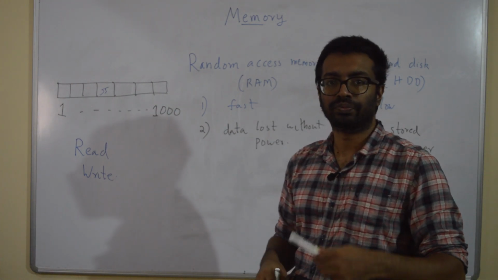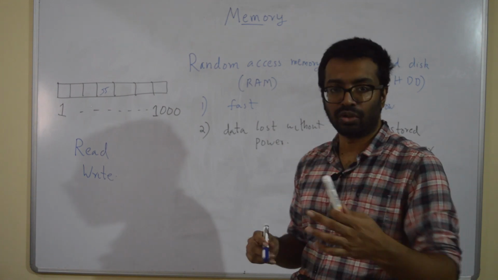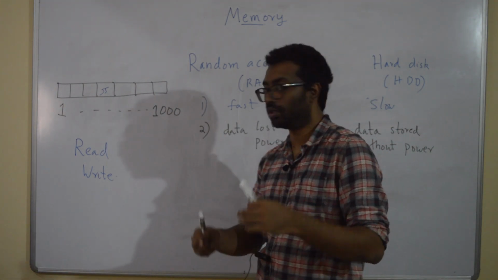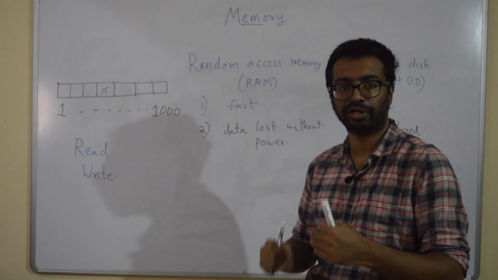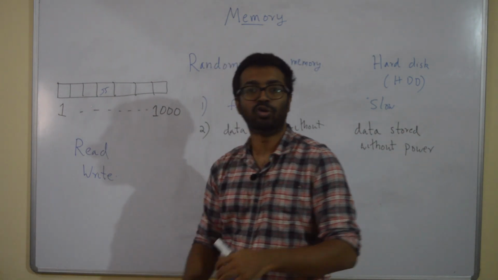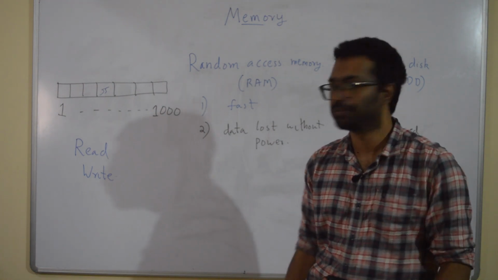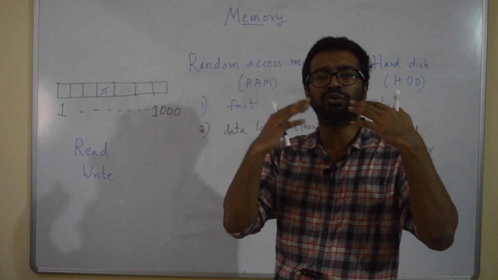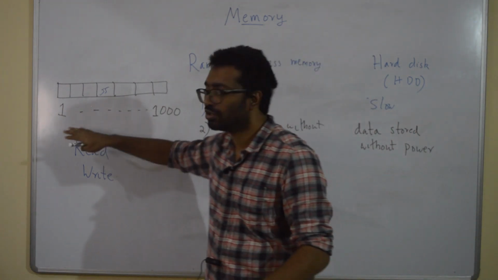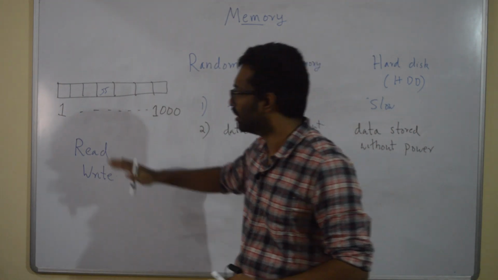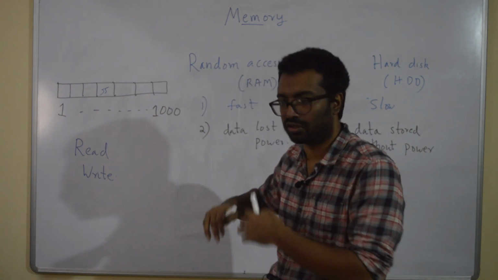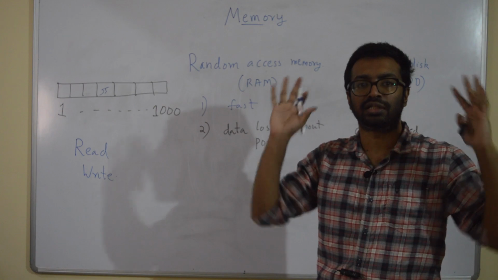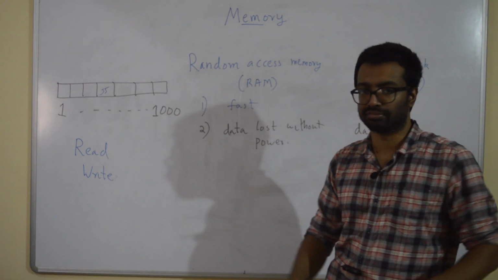Coming back, what is important about RAM? The third property about RAM is that no matter which memory location you are going to access, for either read or write, it's going to take the same time. It does not matter which address you are going to access, whether it's address 1 or 1000 or 79 or anything, the time required to read or write is going to be the same.